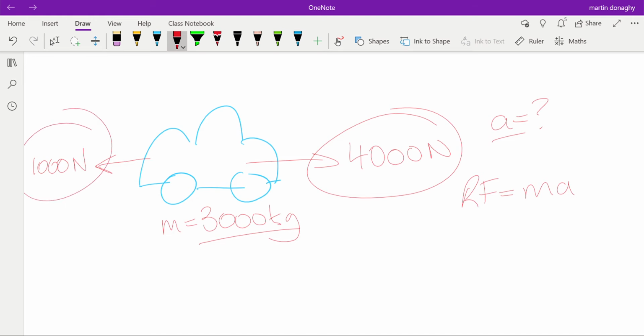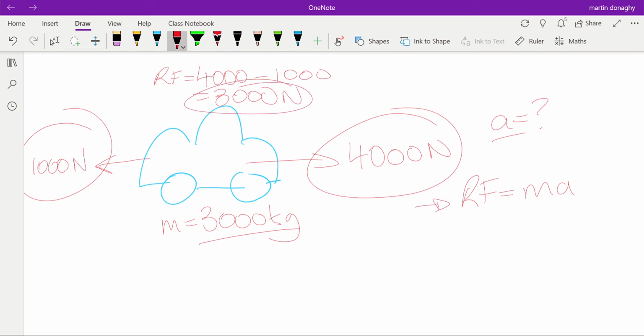We've got a backwards force of 1,000, drag or friction, but that's not the resultant force either. So the first thing we need to do is find the overall force. If the forces are going in the same direction we add them; if they're going in opposite directions, we subtract them. In this case, the 4,000 newtons is forwards and the 1,000 newtons is backwards, which gives us a resultant force of 3,000 newtons.